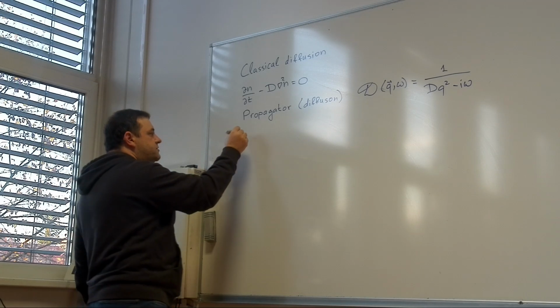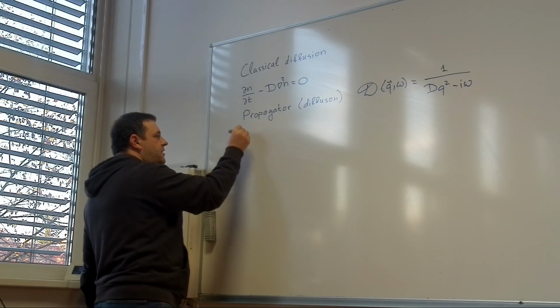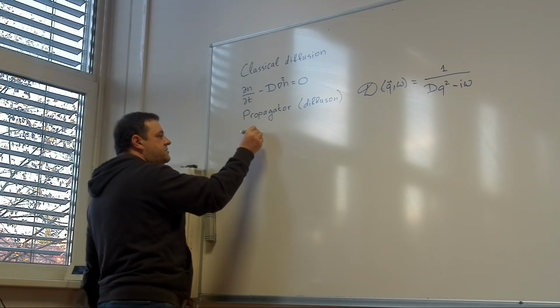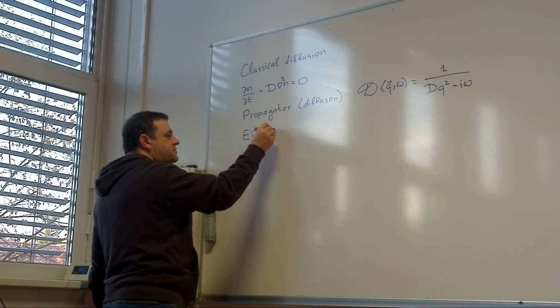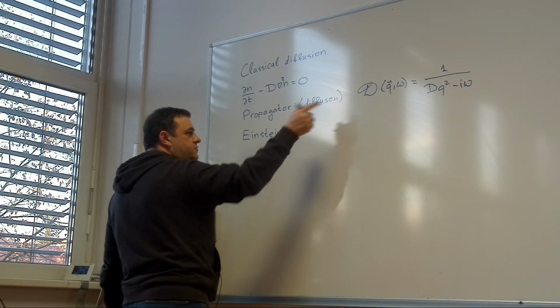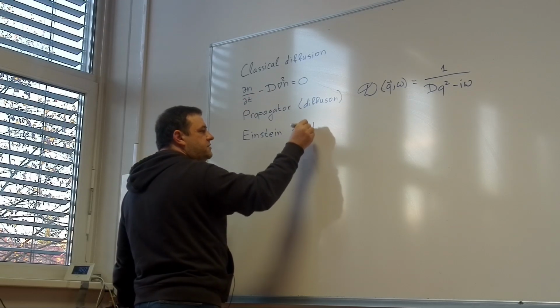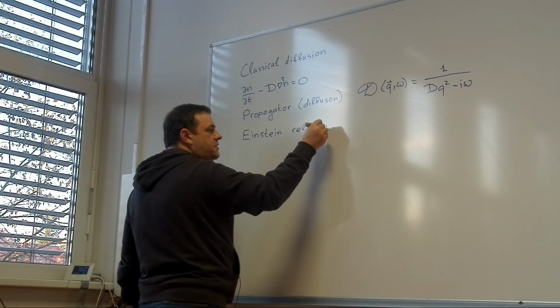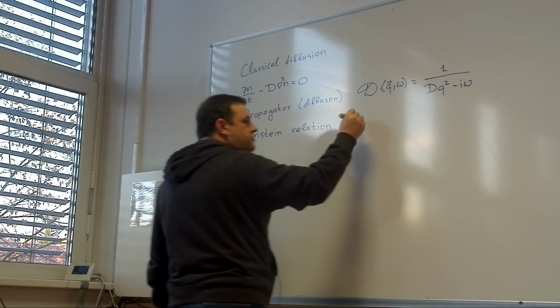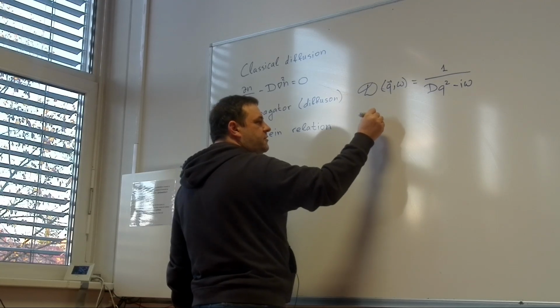And we also discussed the Einstein relation, which is the relation between the diffusion constant and the electric conductivity in a metal.